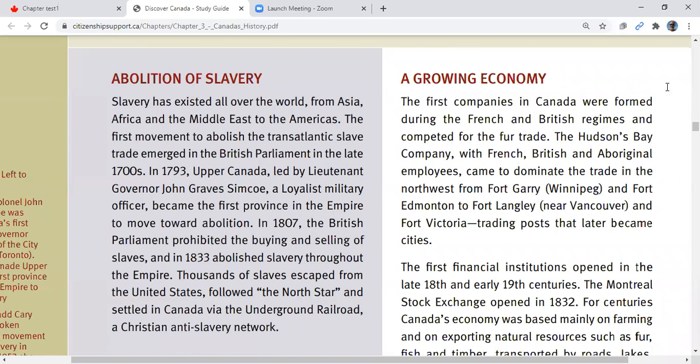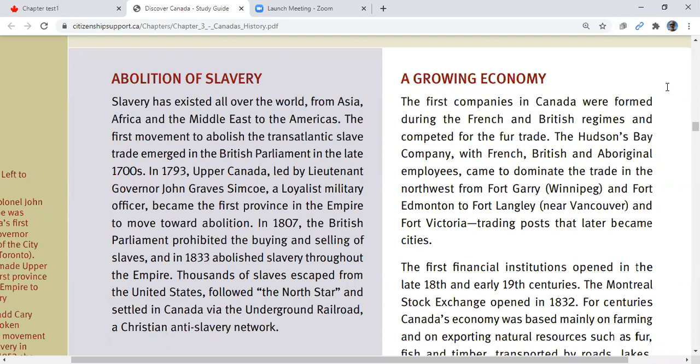And then the people working at the trading post might give them food, like flour, or guns or things they need to hunt with, or many things. So they would trade. They would give the people in the trading post beaver pelts, beaver skins, and then the people in the trading post would give them things that they wanted. That's why they're called trading posts.